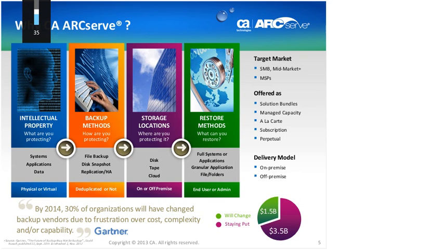Now we will look a bit more at why CA RServe is so compelling for some of our customers. CA RServe offers comprehensive data protection. We can protect what we also call the intellectual property of the customer from all aspects.